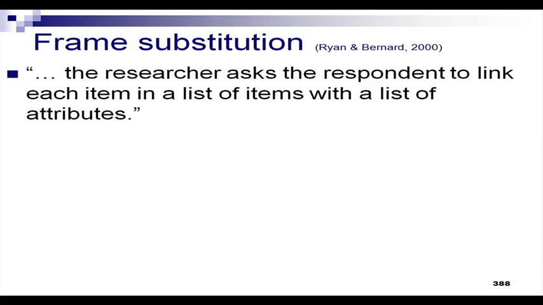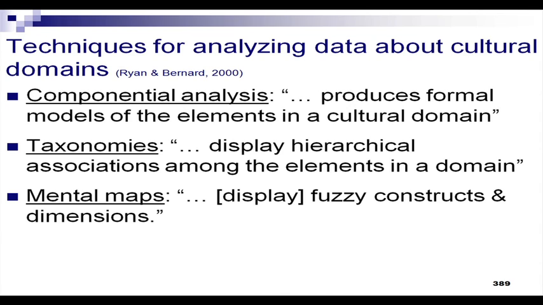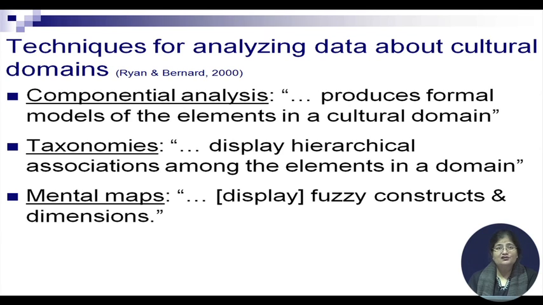Okay. Now we come to the techniques for analyzing data about cultural domains. We talked about cultural domains. So we use some techniques for analyzing data about cultural domains. These three techniques that we will discuss now are called componential analysis, taxonomies, and mental maps.